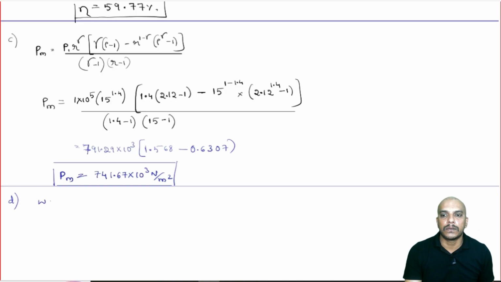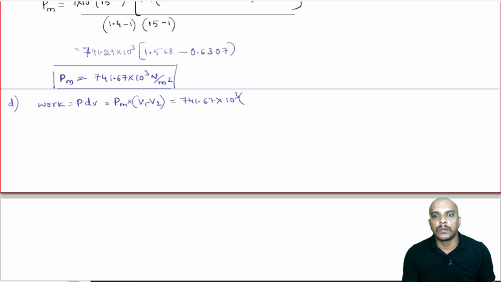Work done is P into dV, where P is mean effective pressure and dV is swept volume. Swept volume can be calculated because the data has been given to us: pi d square by 4 into length.